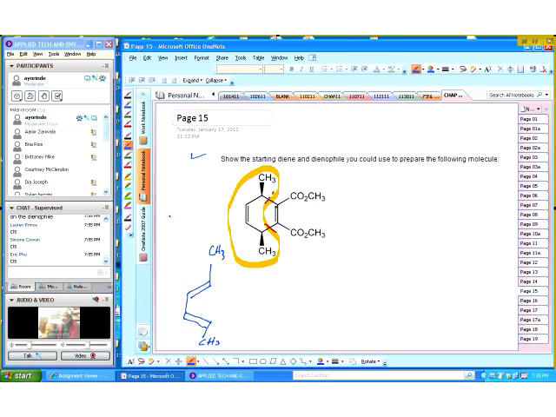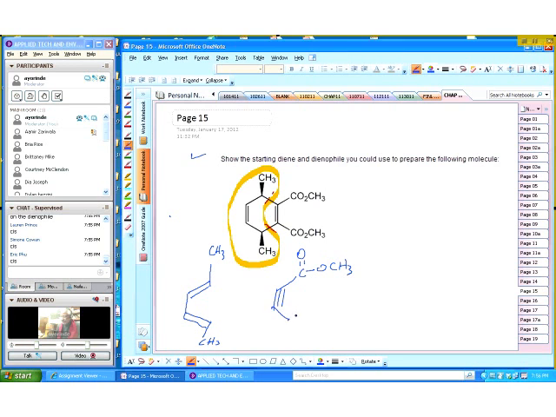And then the dienophile, in the product you see a carbon-carbon double bond. That means the original dienophile was a triple bond. So therefore it is this here, with an S-star functionality attached to the carbon-carbon triple bond.